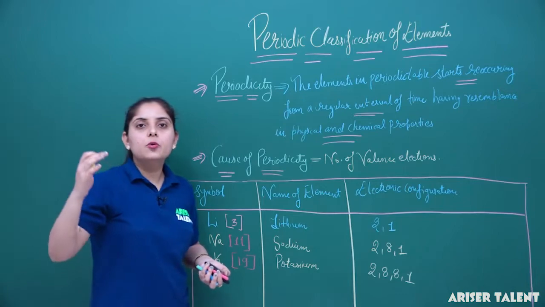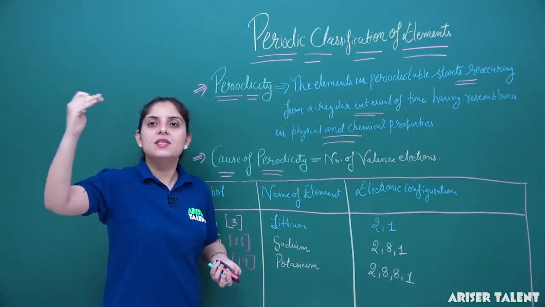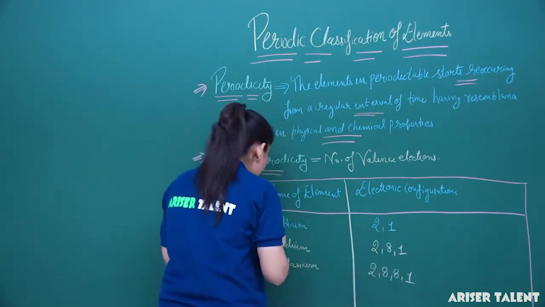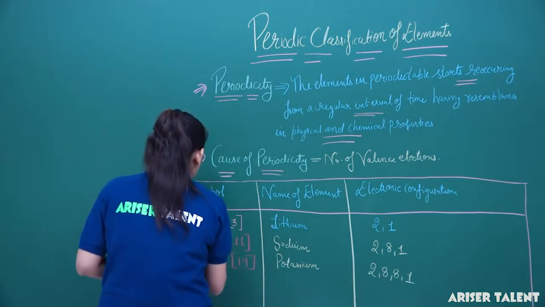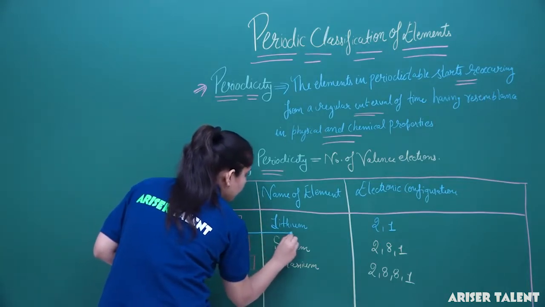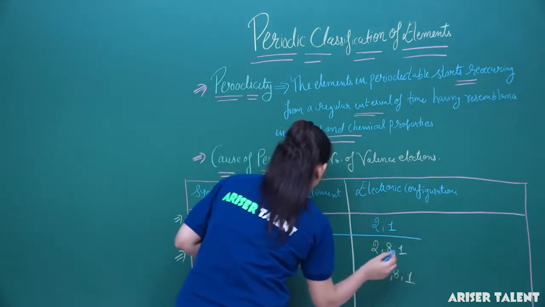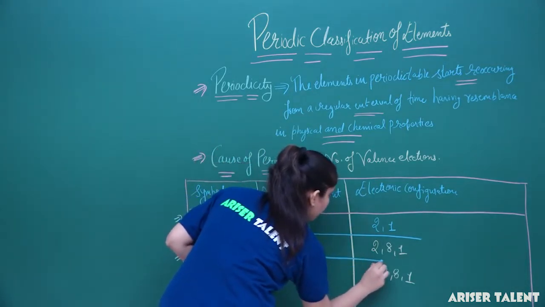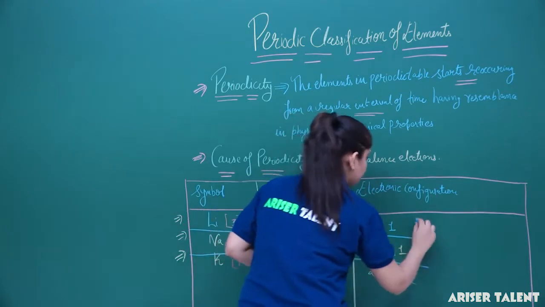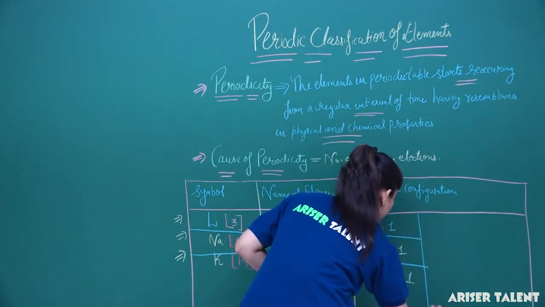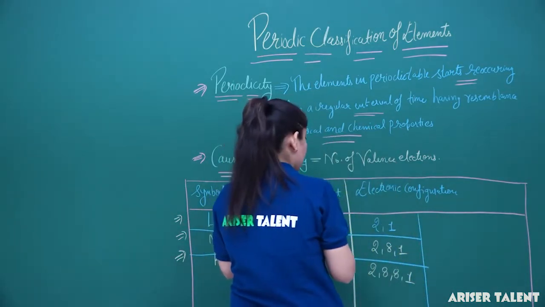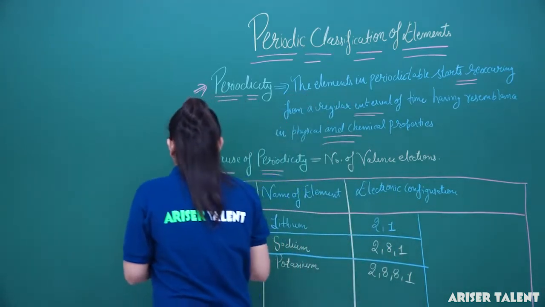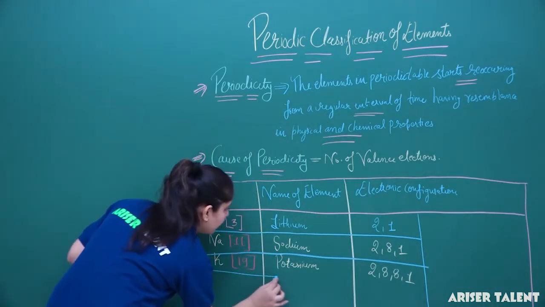It means 2 electrons, then 8 electrons, then 8 electrons, and 1 electron in the outermost shell. This one is for lithium, this one for sodium, and this one for potassium.